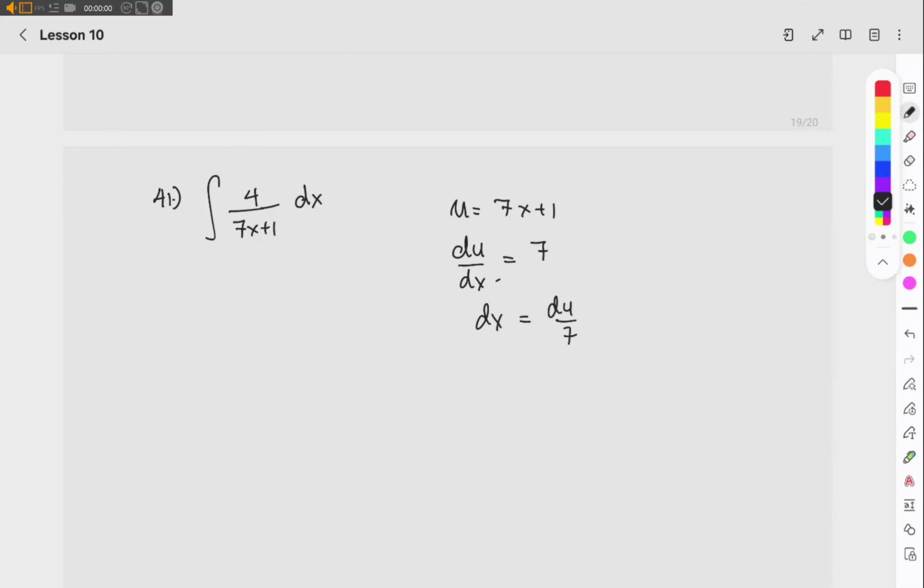So you can just substitute this. So 4 over, what is 7x plus 1?